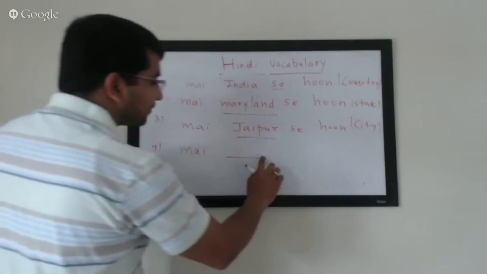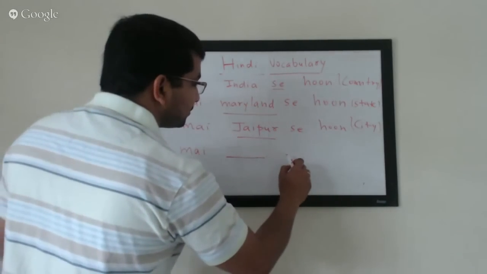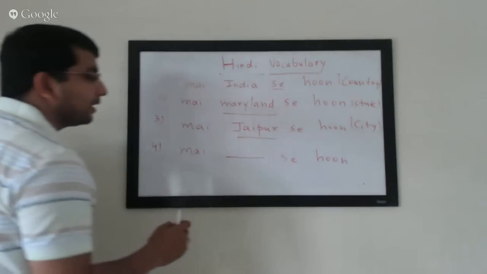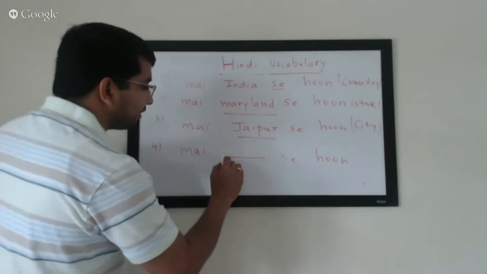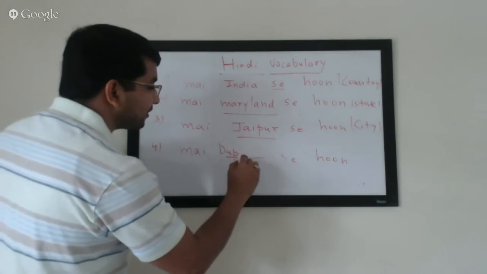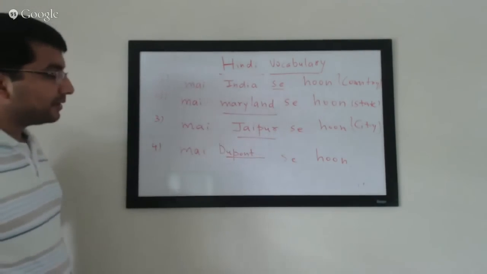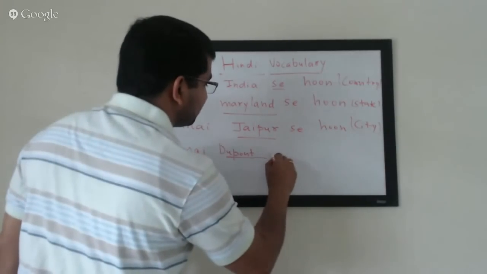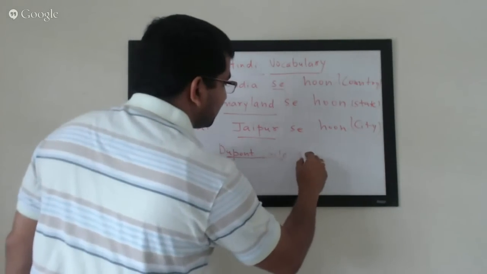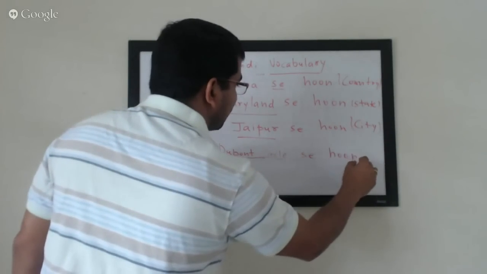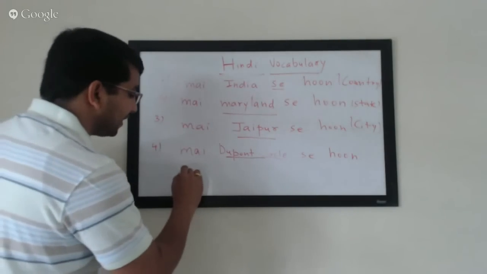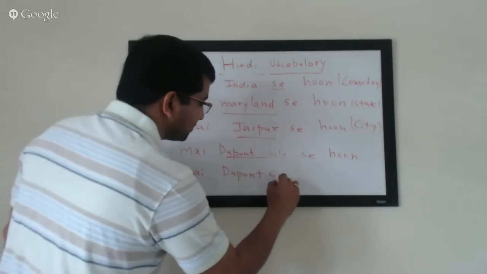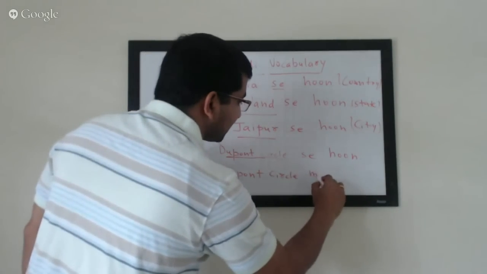So here you can write down a specific area within Jaipur or your town. Right now I'm in DC, and within DC I can give you the name of a location called DuPont Circle, let's say. मैं DuPont Circle से हूँ, or because it's very specific, you can also say मैं DuPont Circle में रहता हूँ.